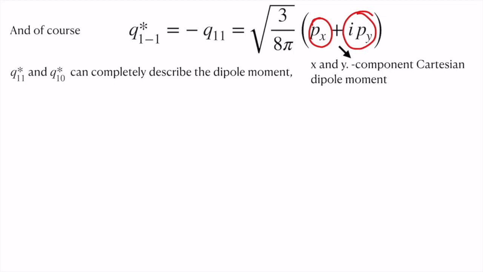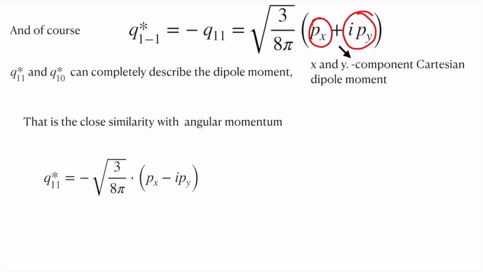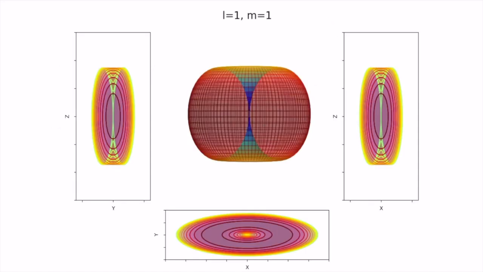This is how the Cartesian linear moments are converted into the meaningful angular momentum, and then we can see that Q_11 and Q_10 are used to describe the dipole moments, similar to angular momentum, and the square of them.